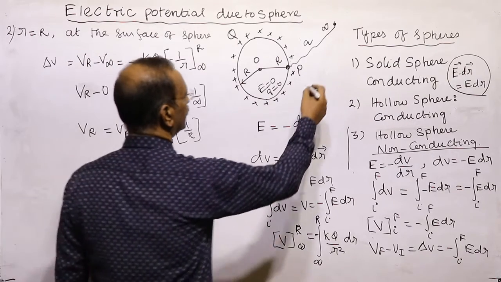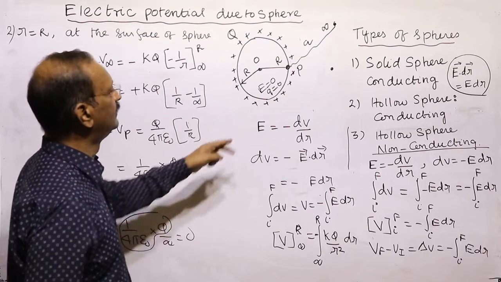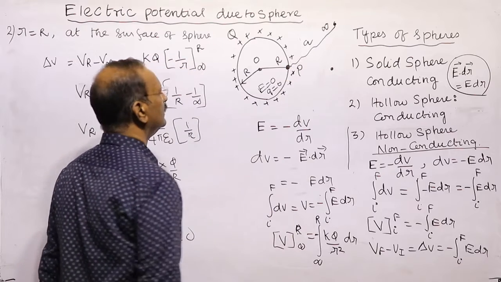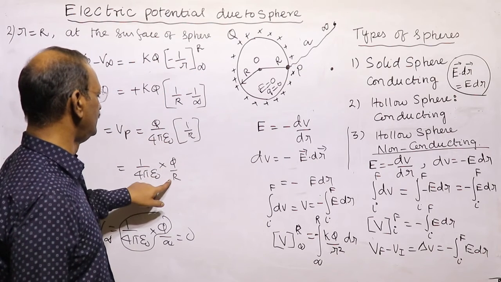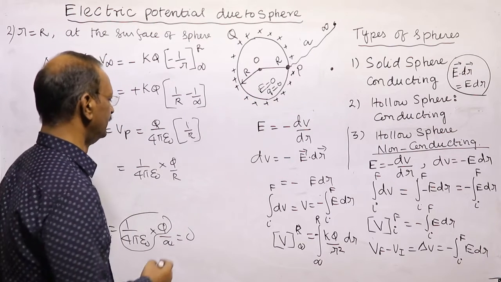If you want to find it at this point, put KQ divided by this distance. If you want to find it at the surface, rest all remains the same, only the distance is equal to the radius of the sphere.